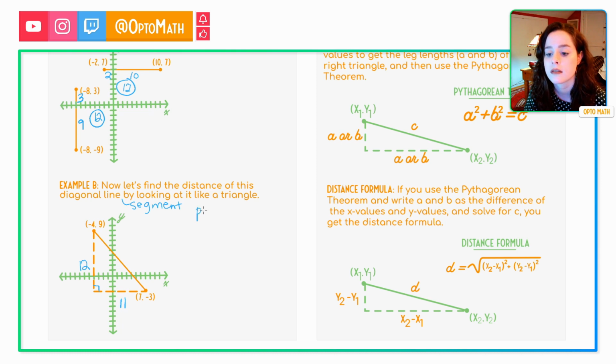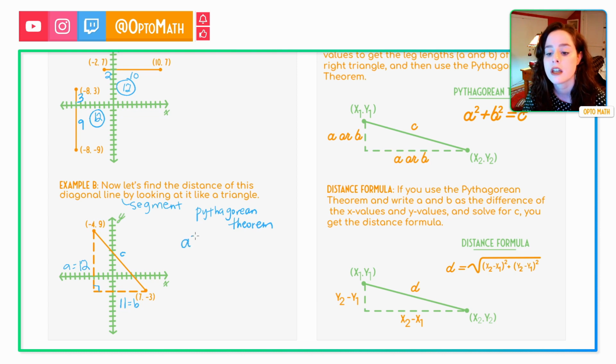So let's write that. Pythagorean theorem. Okay, so let's do that. Let's say this is A and this is B. And it doesn't matter, this could be A and this could be B. We just know A and B are both the legs of the triangle, aka not the segment across from the right angle. And this is going to be C, what we're trying to find.